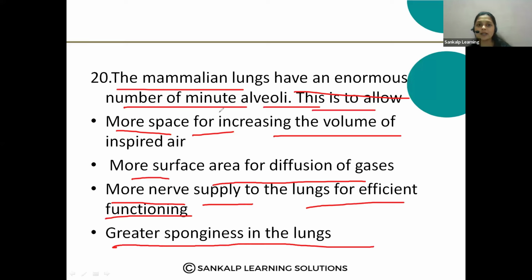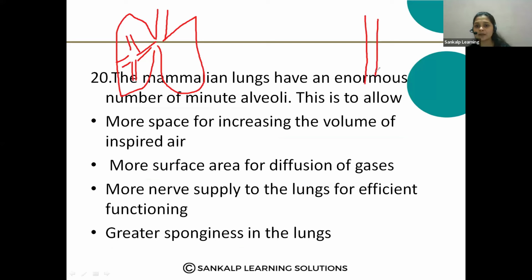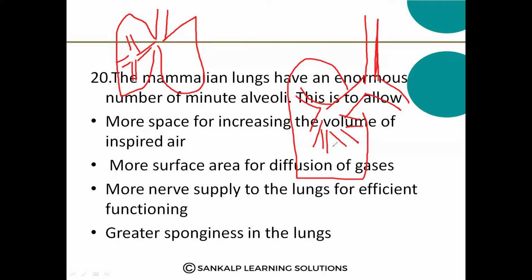You know the human respiratory system contains small balloon-like structures at the end of the bronchioles. This is the windpipe, the trachea, and it divides into two branches called bronchi. Again the bronchi split into small tubes called bronchioles.